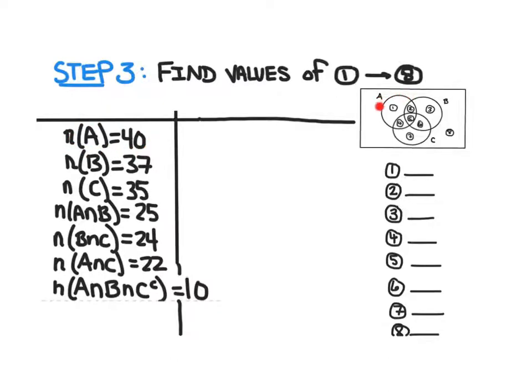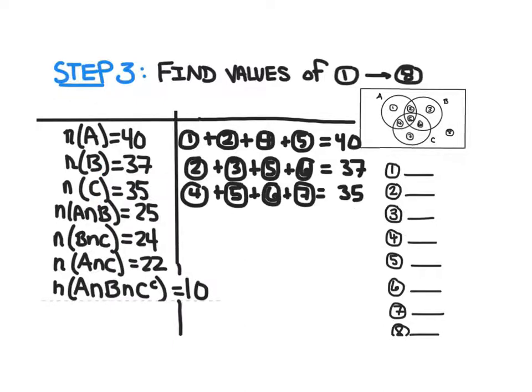If you zoom in here and look at the Venn diagram, you'll notice that A is comprised of the regions 1, 2, 4, and 5. So I'm going to rewrite n of A equals 40 in terms of 1, 2, 4, and 5. So if the number of elements in A is 40, that means that 1 plus 2 plus 4 plus 5 must be 40. And I'm going to do the same thing for B and C, and I'll write that here.